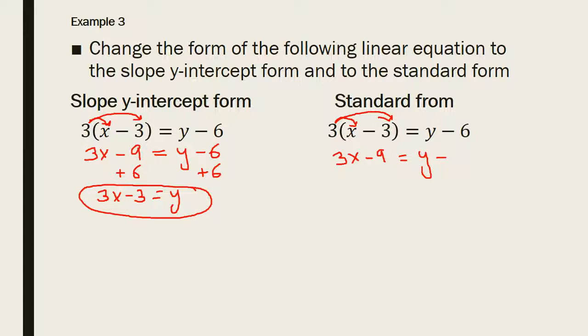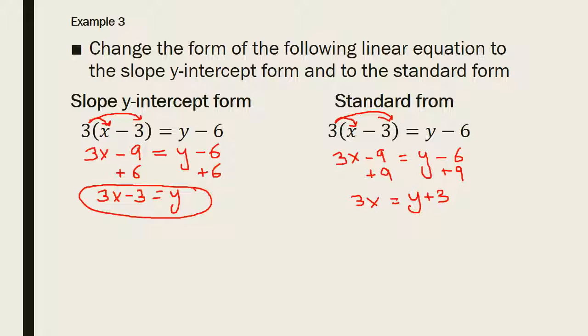Now this time my goal is to have x and y on the same side. So that means I need to get rid of the 9 first. So I'm adding 9 to both sides. I'm going to end up with 3x equals y plus 3.